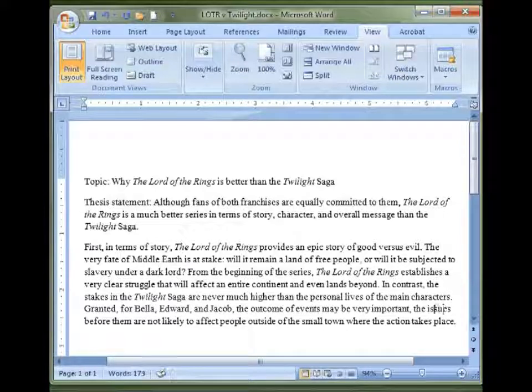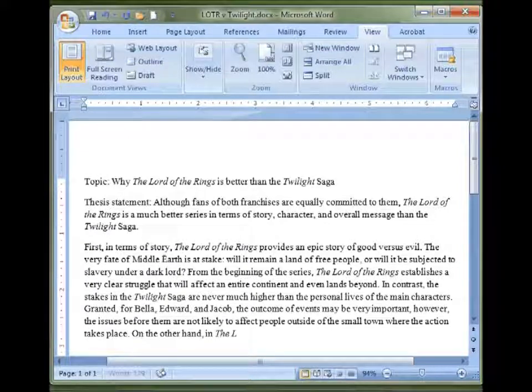Now I did notice as I was typing that I have a little bit of an issue here, so I'm going to change it. Granted for Bella, Edward, and Jacob, the outcome of events may be very important. I'm going to add, however, as a transition word. I need a transition to say that I'm making a counterpoint, so I'm going to add the transition word however. On the other hand, there's another transition phrase that I can use to show that I'm going back to my point.